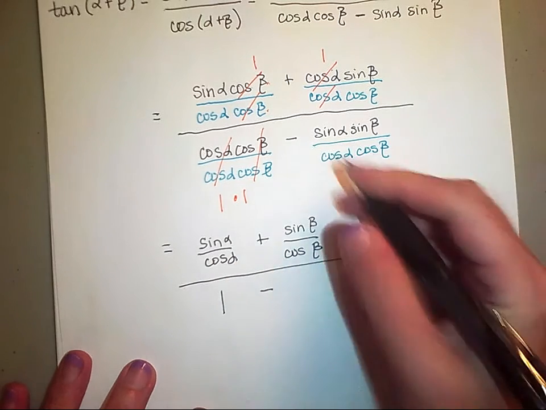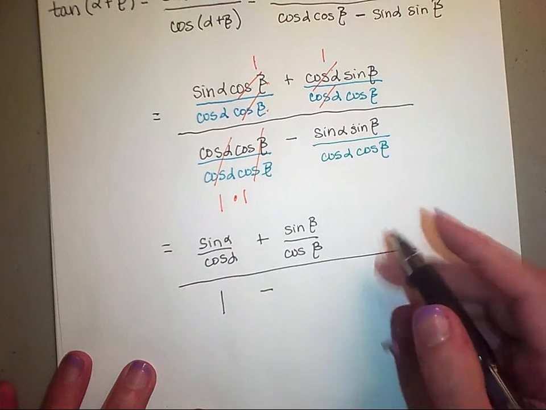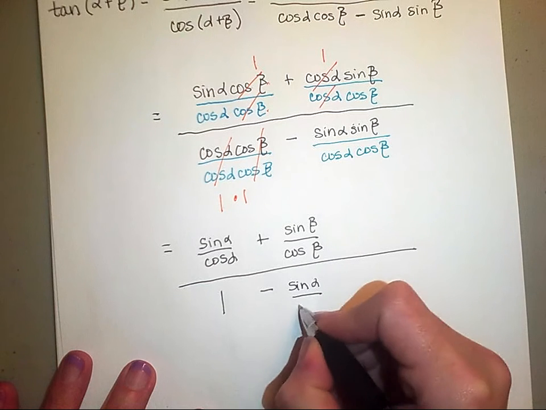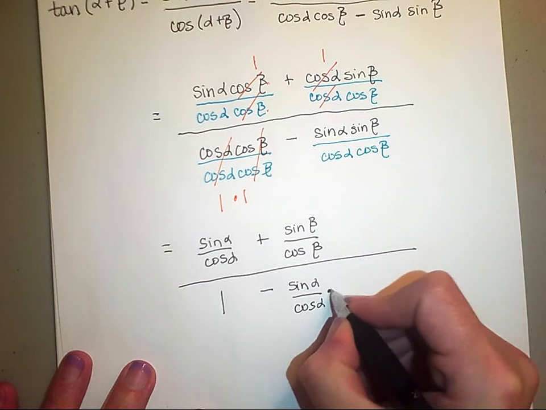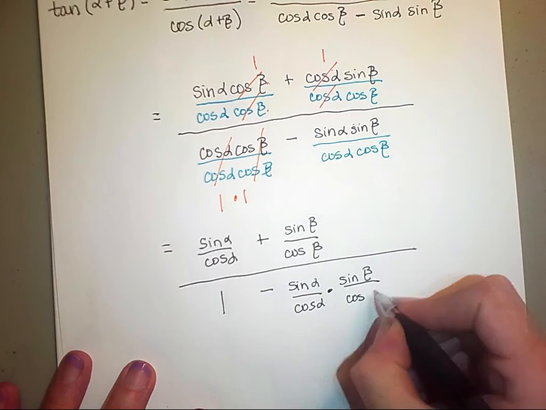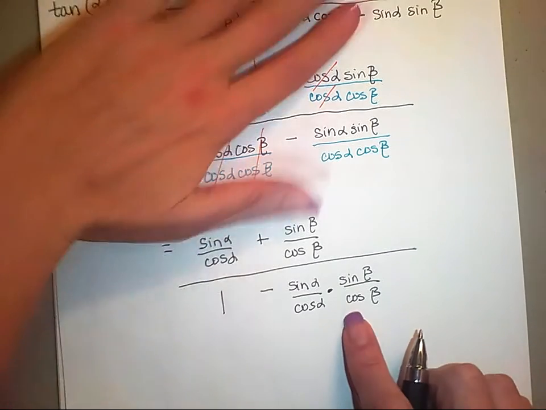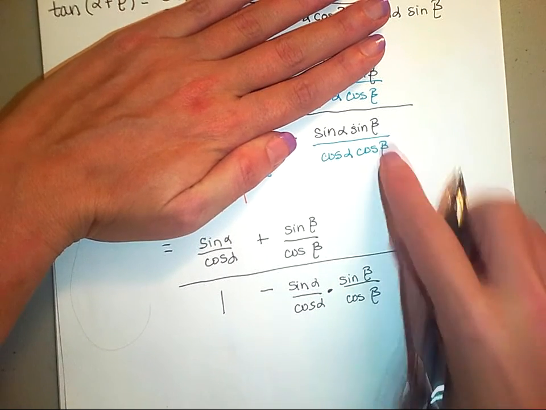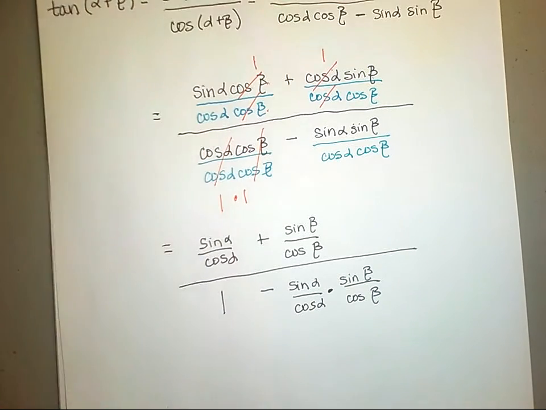Down below, we just get 1 times 1, which is 1, and then minus from here. And we could rewrite this as sine alpha over cosine alpha times sine beta over cosine beta, because if we were to multiply these back together, we would get this one.